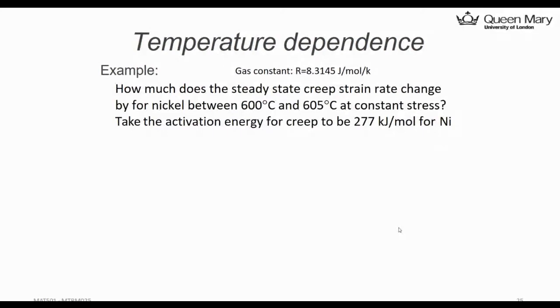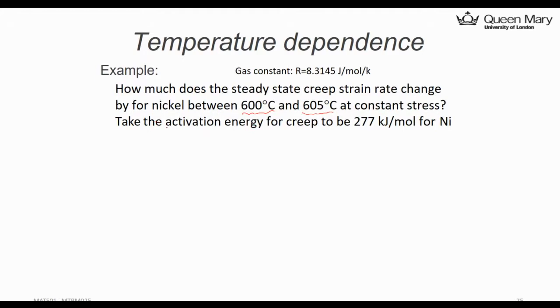And let's do an example. This is the example question: how much does the steady state creep strain rate change for nickel between 600 and 605 degrees at constant stress?